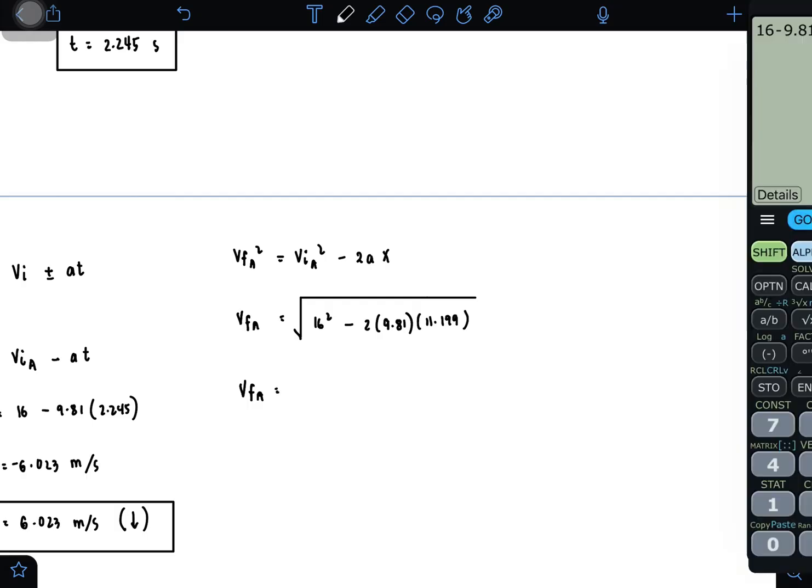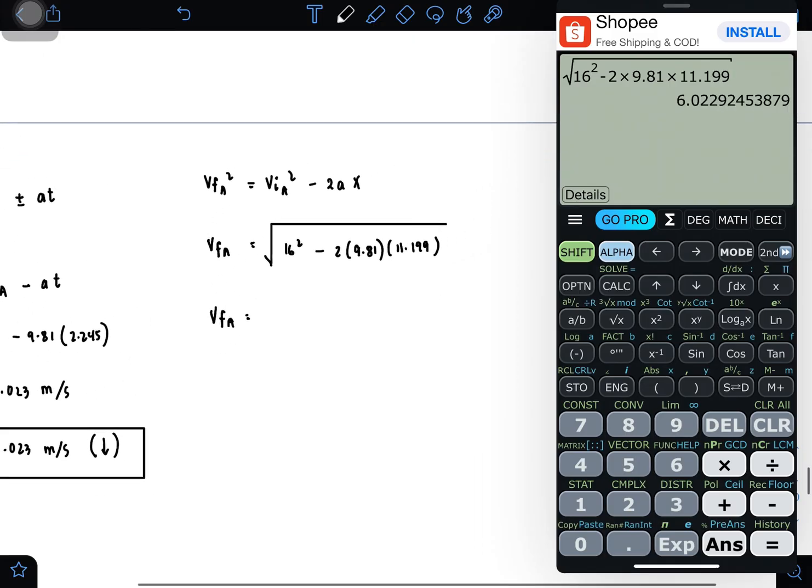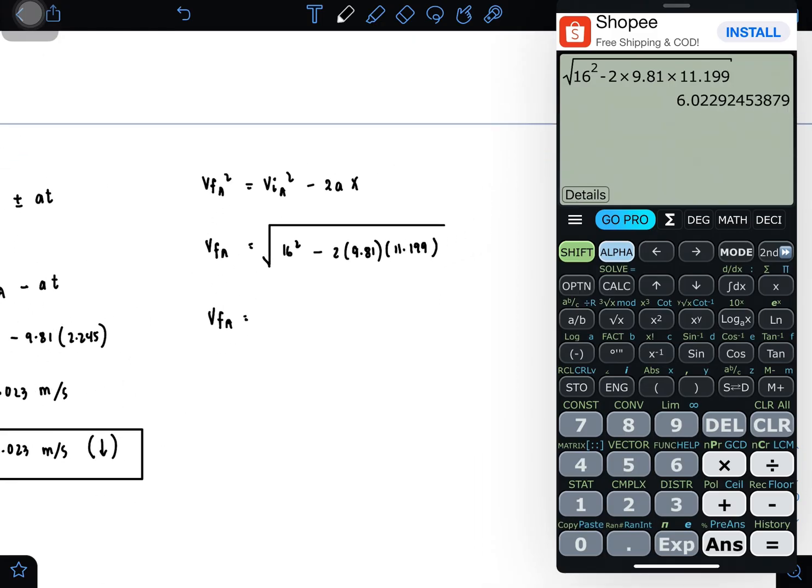So the velocity is 16 squared minus 2 times 9.81 times 11.199. So as you can see, you have a positive answer here. So that's 6.02030 meter per second.